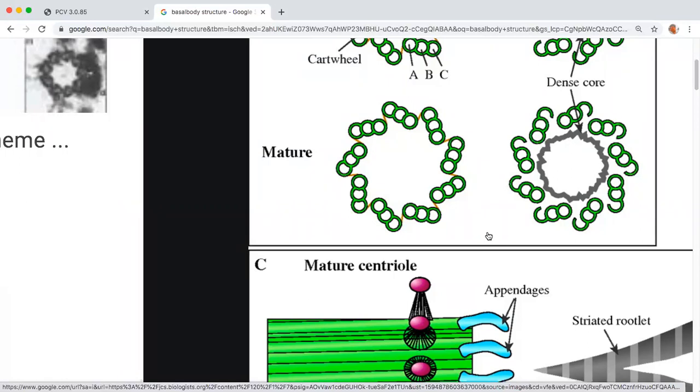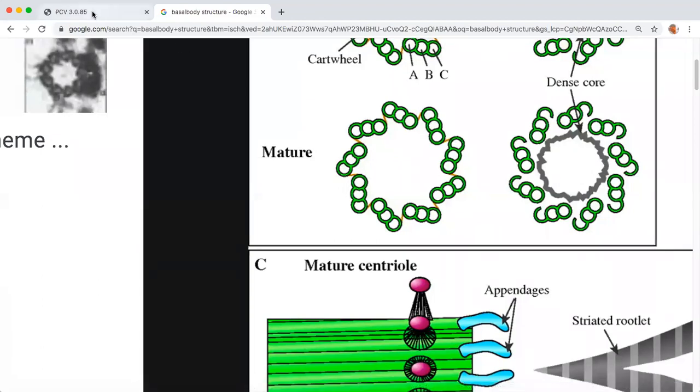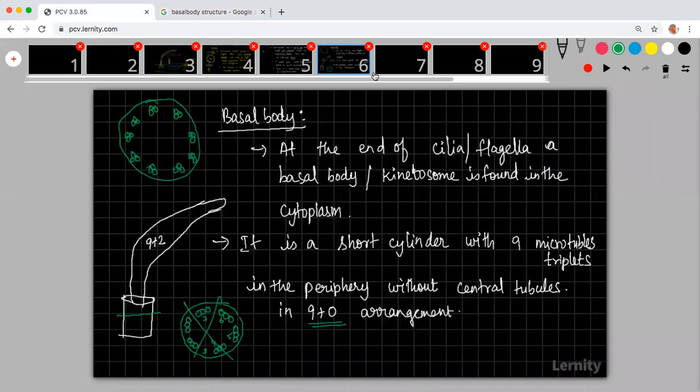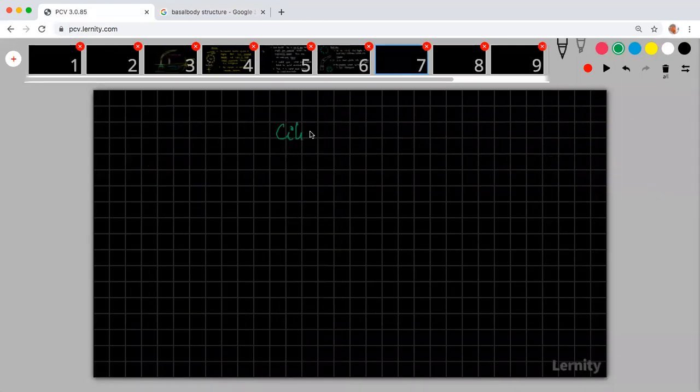Please understand that whatever we are talking about here is microtubules. Centriole is a different organelle altogether. Cilia is a different organelle altogether. I am seeing people confusing themselves with cilia, flagella, and centriole.